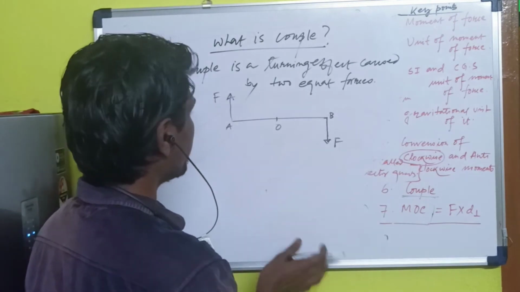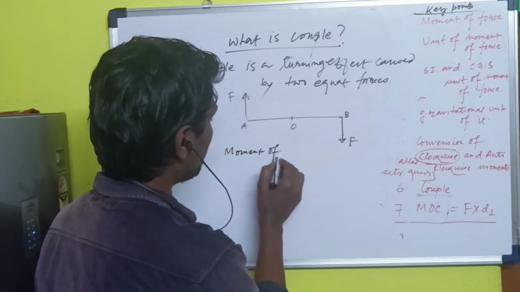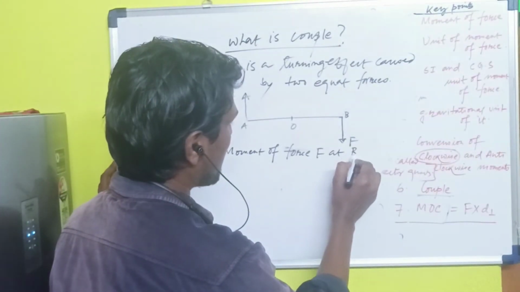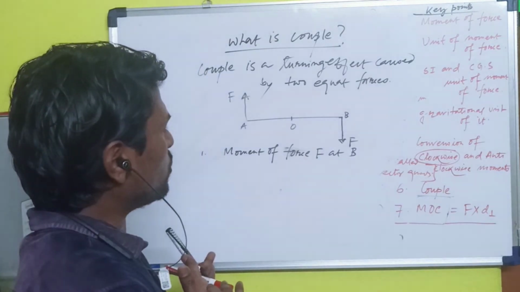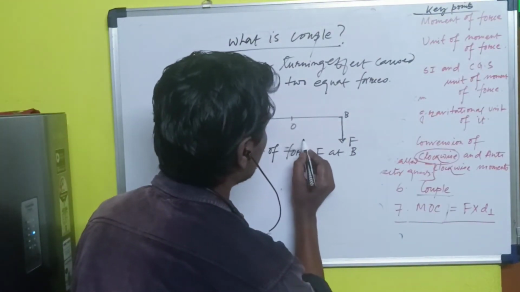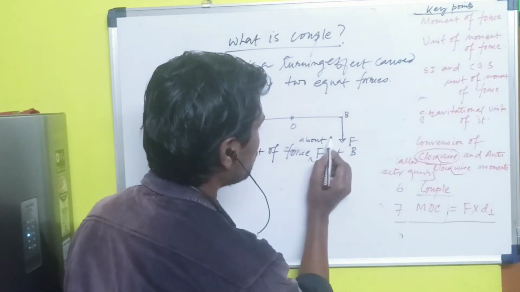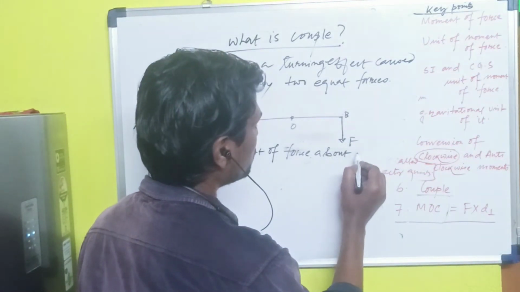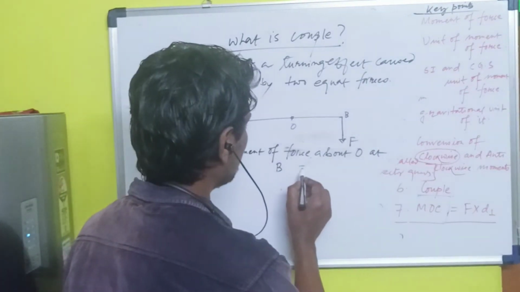Taking the moment of force about O due to the force at B, because O is the pivot point, the moment of force about O at B equals F into OB.